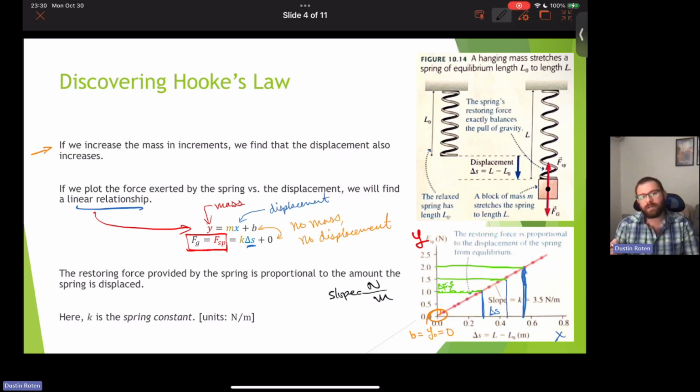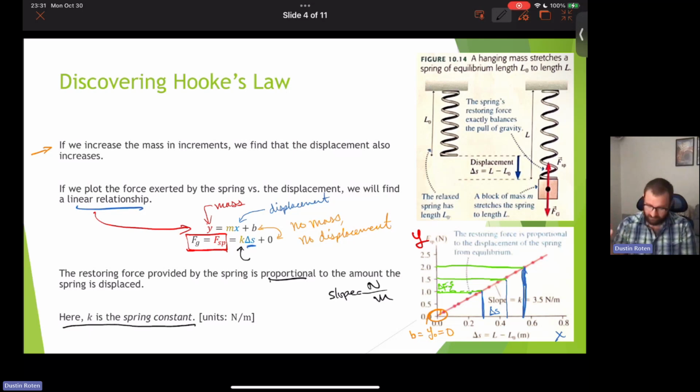Well, it turns out that this slope is actually the spring constant, and it does indeed have units of newtons per meter. So this value tells us the proportionality constant, or how proportional the force the spring supplies is to how much it has been stretched.